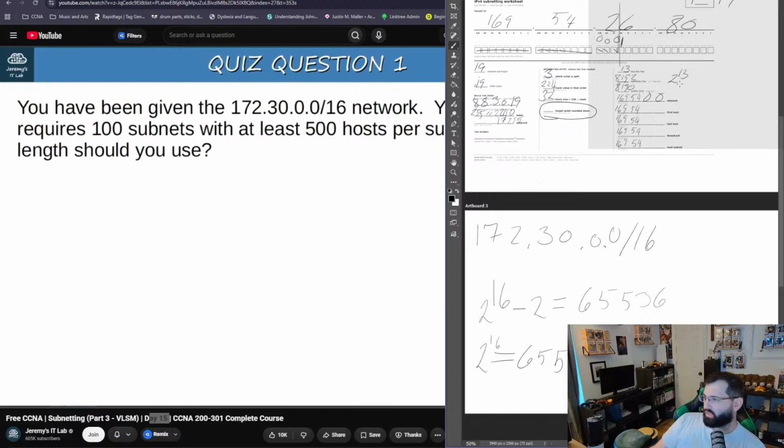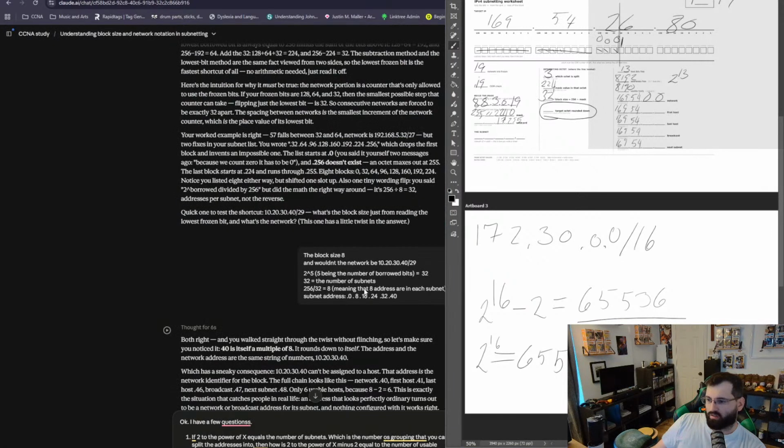So then what we need to do is divide this number by 256. Yes, 256 divided by the block size. Okay, which is this. No, we want this one.